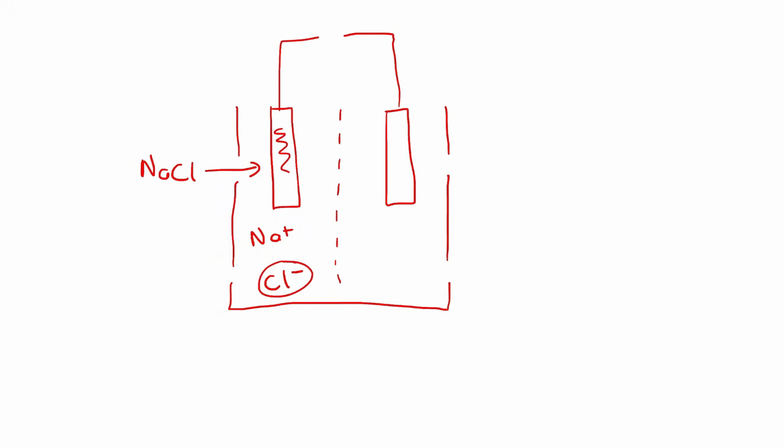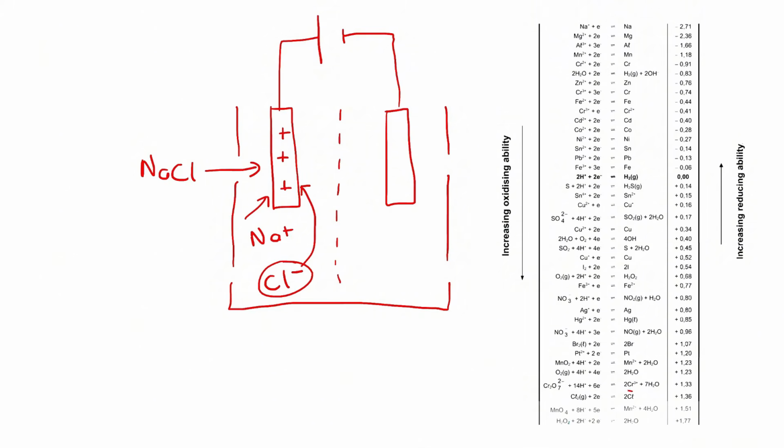Now we want the Cl- to be attracted here. So what do you think we should make this, positive or negative? Well, this would have to be the positive electrode. So we make that the positive part of the power source, and then this one will be the negative. So what immediately happens when you pump this in is that the Cl- is attracted to this positive electrode, and this reaction takes place. We only have Cl-, so it's going to go like that.